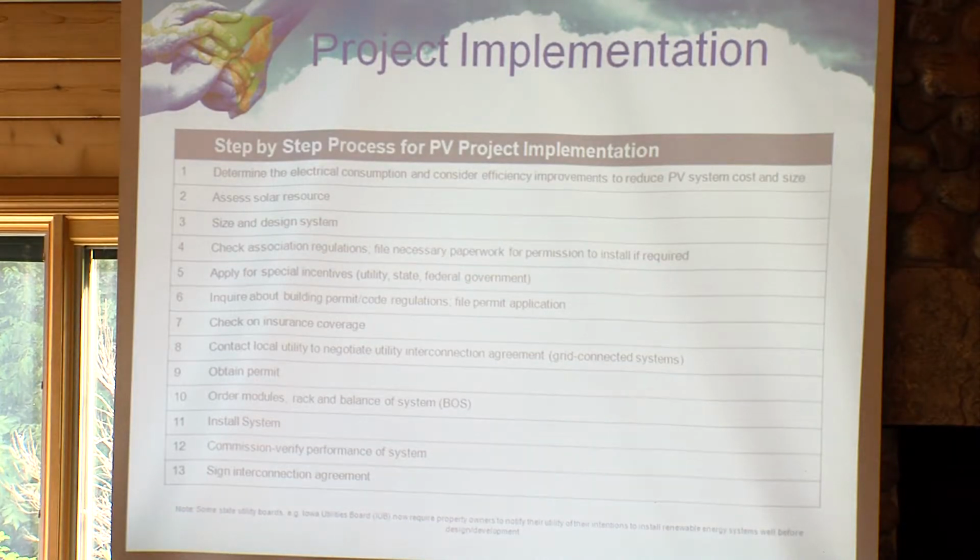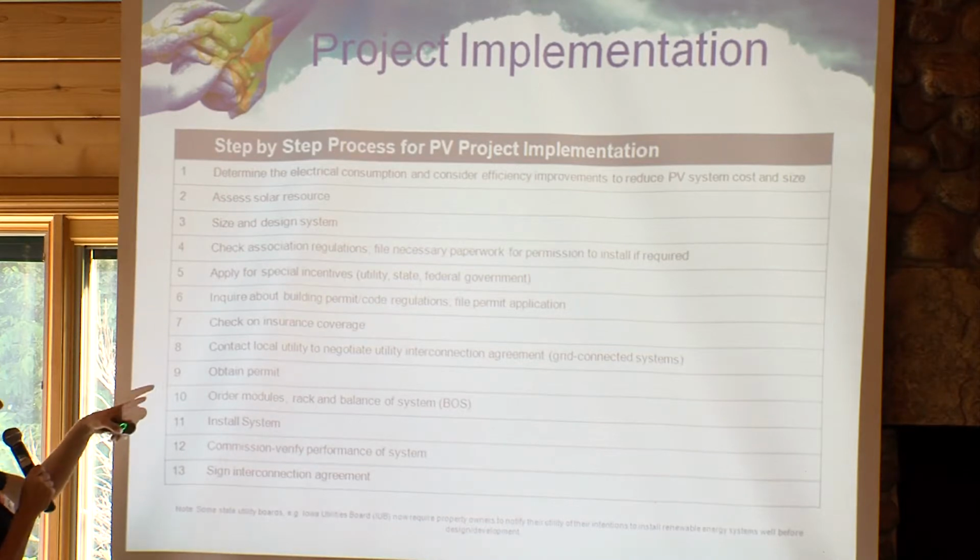You will contact your local utility again. Remember, as I said, talk to them early, but once you reach certain milestones in your project, you will want to negotiate the utility interconnection agreement. I'll show you what that paperwork looks like. I have images of that. You'll obtain your permit. Then you'll order, or the contractor will order, the modules, racking and balance of system. The system will then get installed. Your system will be commissioned.